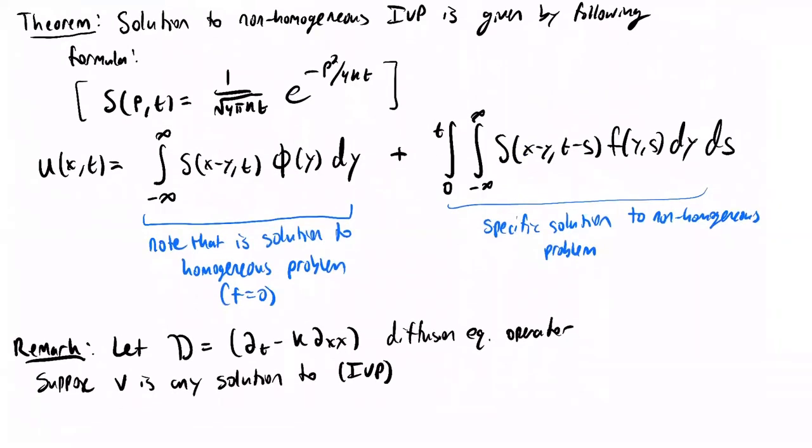And let's also suppose that U solves the homogeneous equation, meaning U solves the equation if F is replaced by 0.